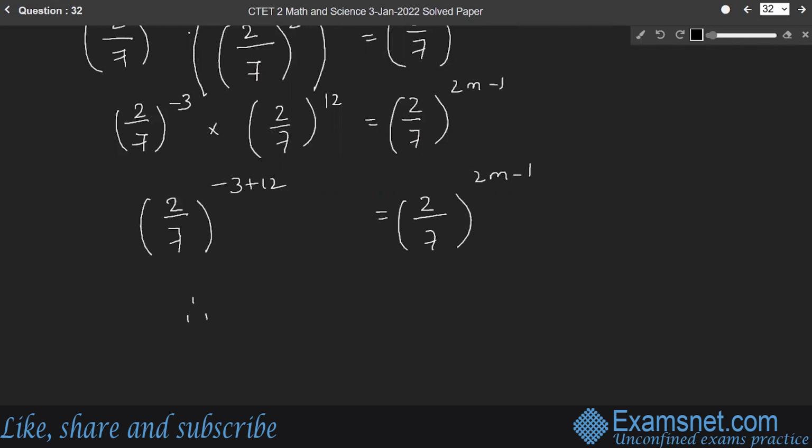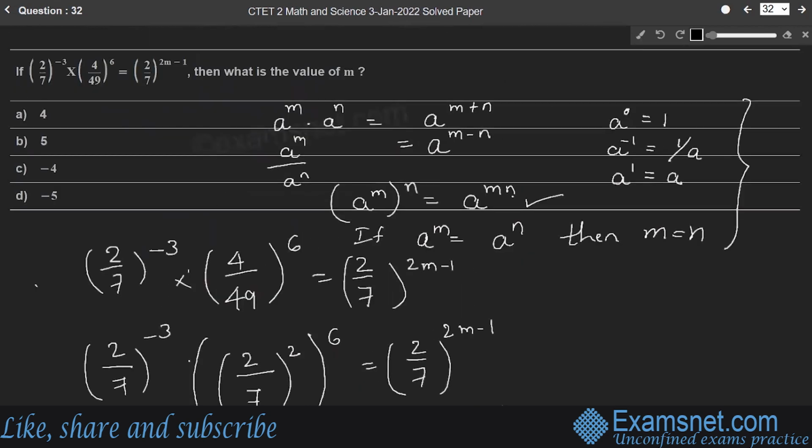So minus 3 plus 12 is plus 9, which is equal to 2m minus 1. Therefore 2m is equal to 10, m is equal to 10 by 2, which is 5. Therefore, the answer is option B, 5.